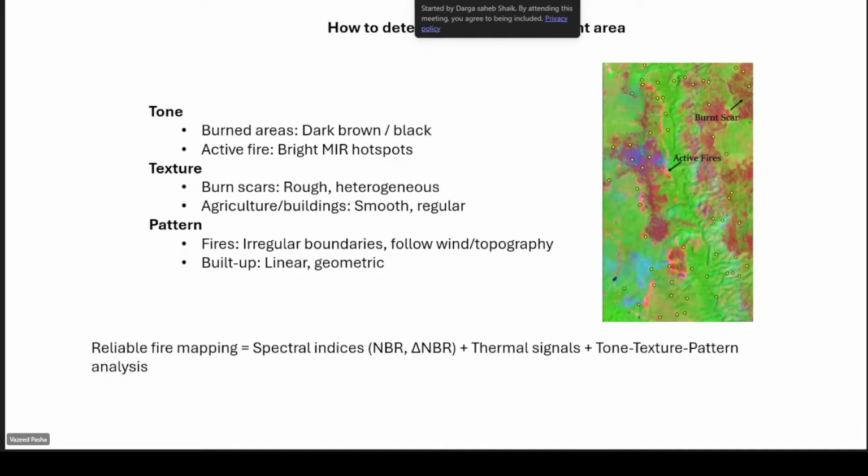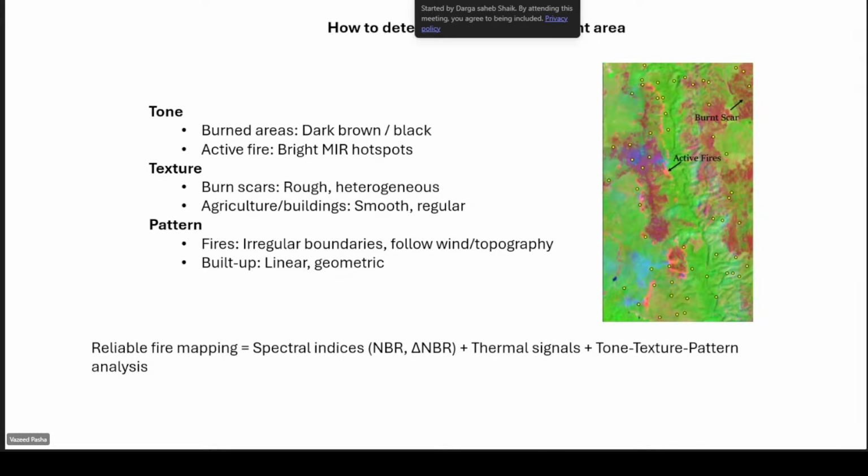When you come to the tone, the burnt areas in a satellite picture always look dark brown or black, based on the fire intensity and severity. The second is active fire. You can see the active fire hotspots are very bright compared to the burnt area.